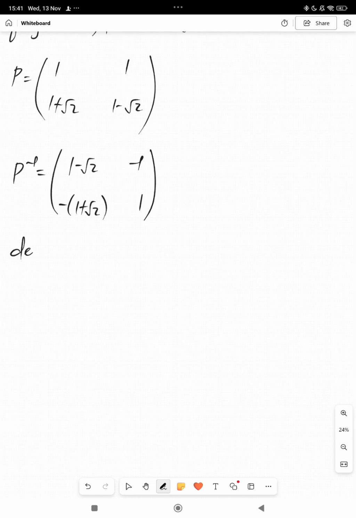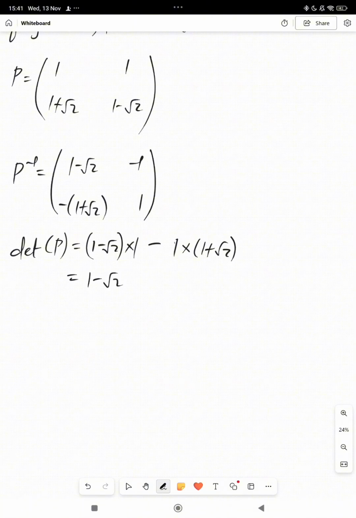Determinant of P is given by 1 minus square root of 2 times 1 minus 1 times 1 plus square root of 2, which gives us 1 minus square root of 2 minus 1 minus square root of 2.